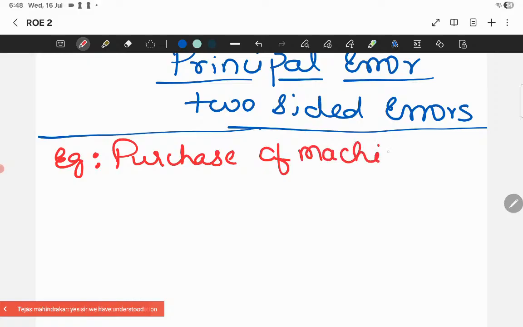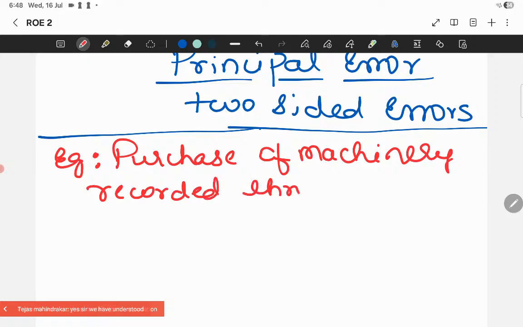Purchase of machinery recorded through purchase book. Purchase of machinery recorded through purchase book.